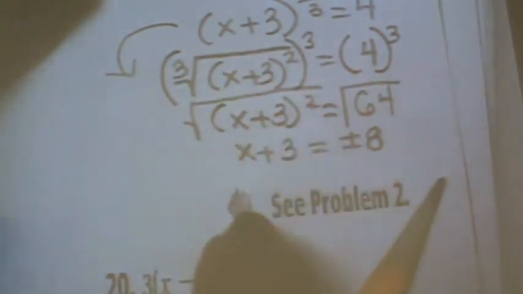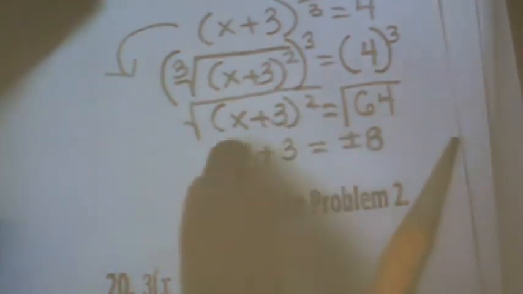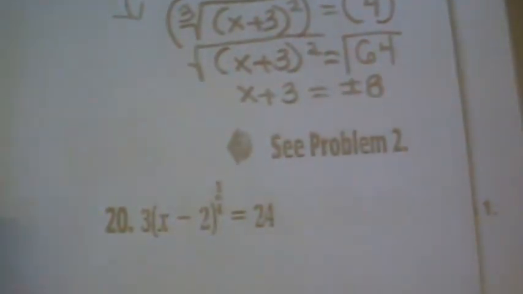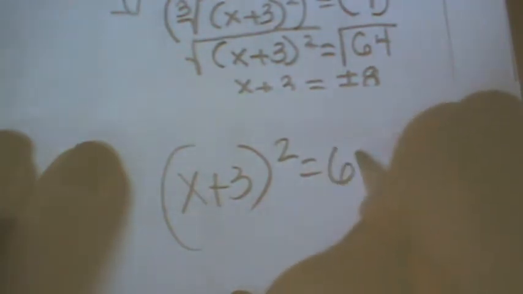Why don't you minus 3 on each side? Well, first you got 2 of these. I don't want 2 of these. Let me show you in a long version. This is what you had: x plus 3 squared equals 64. That's what you had, right there.